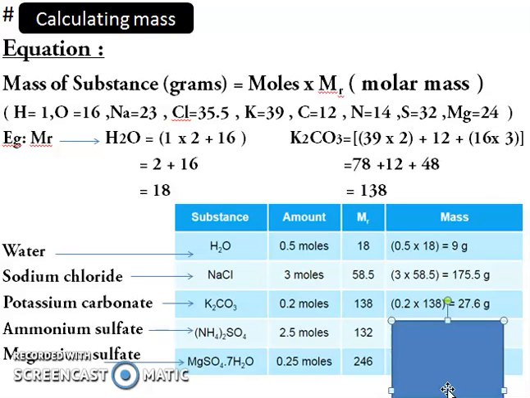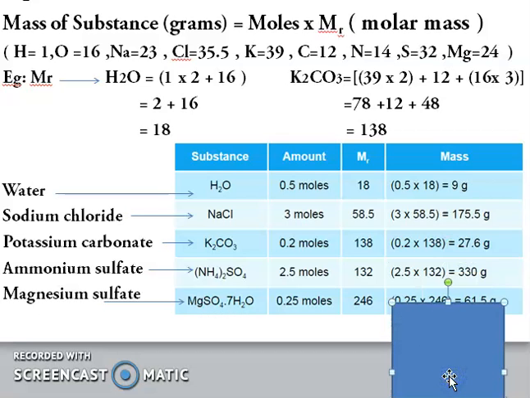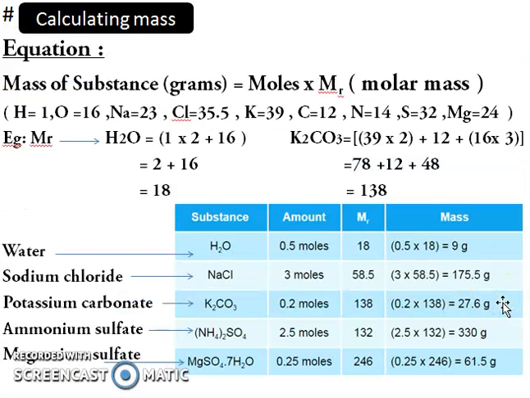Next, 2.5 times 132 for ammonium sulfate. Yes, very good. What will be for the last, magnesium sulfate? That is 0.25 into 246. That is 61.5. Got it?